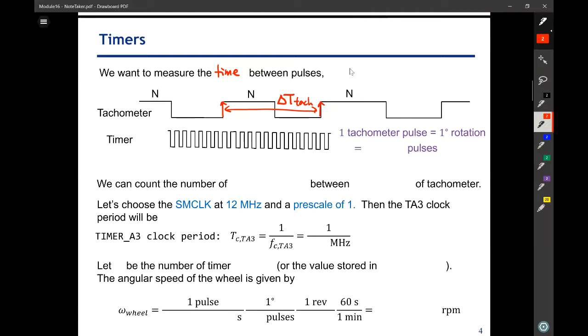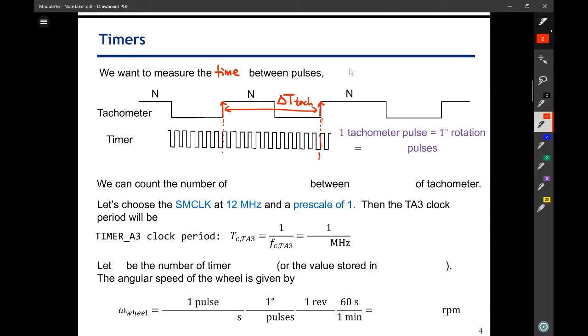To measure the time between two rising edges, we want to use a timer and count the number of timer pulses.